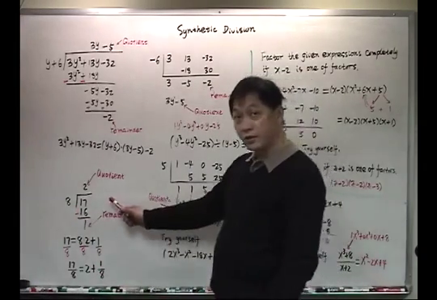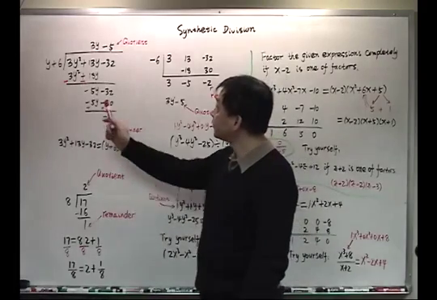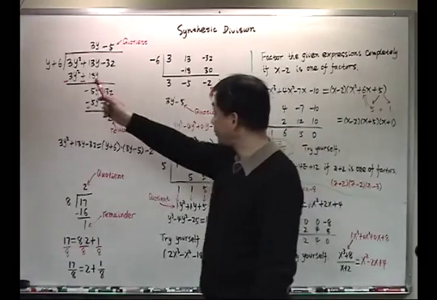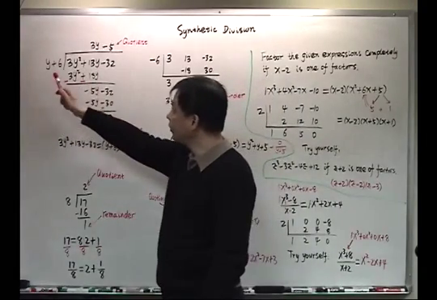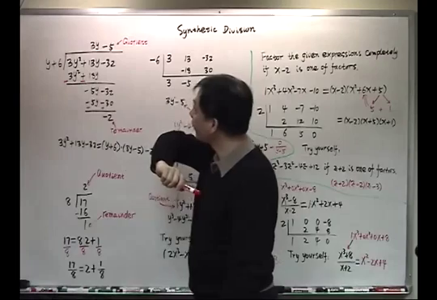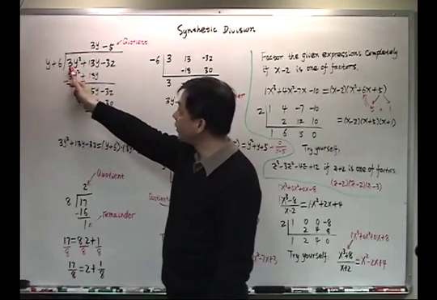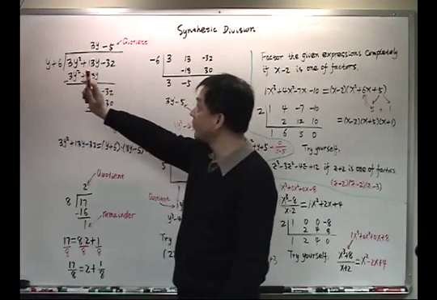Like the constants division, we have a division for polynomials. If you look at this one, your goal is to eliminate 3y squared.